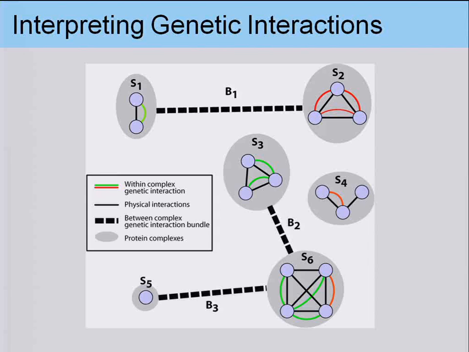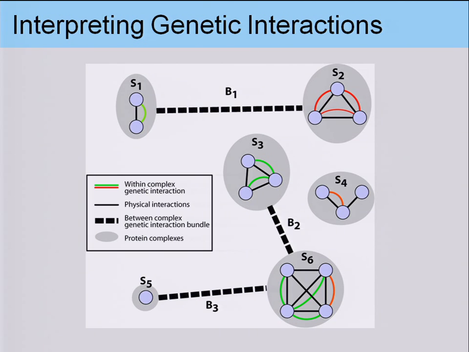So taking this, our group and other groups have been able to formalize this logic to automate the discovery of both within-pathway or complex and between-pathway relationships. The two models that we've come up with are, first, within complexes, which we define as sets of proteins that are densely connected by physical interactions, as well as positive or negative interactions.